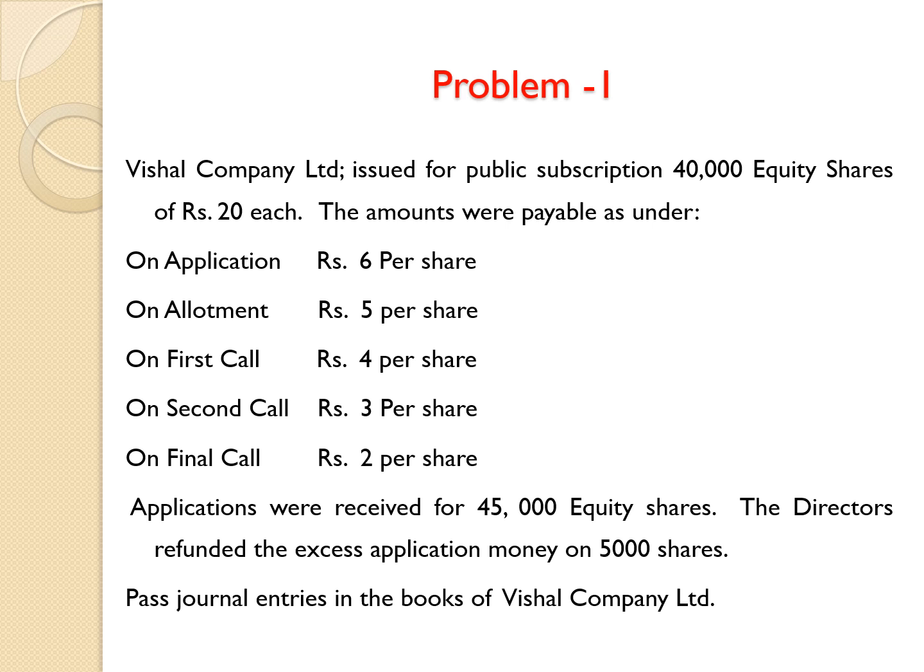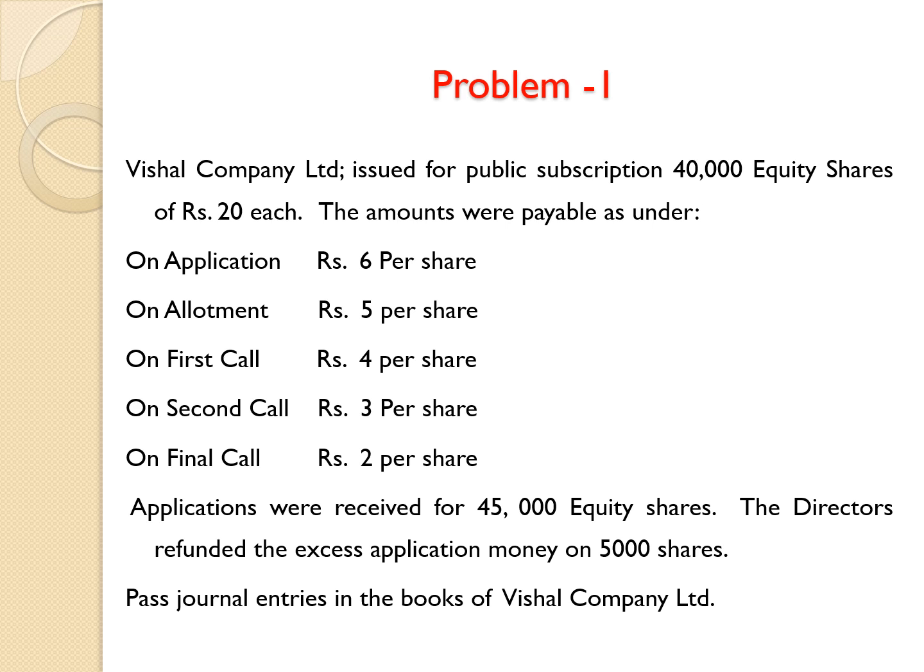The amounts were payable as under. Rupees 20 is totally collected for one share, but rupees 20 has been divided into 5 installments or parts. The first part is known as application, second is allotment, third one is first call, then second call, and lastly final call.